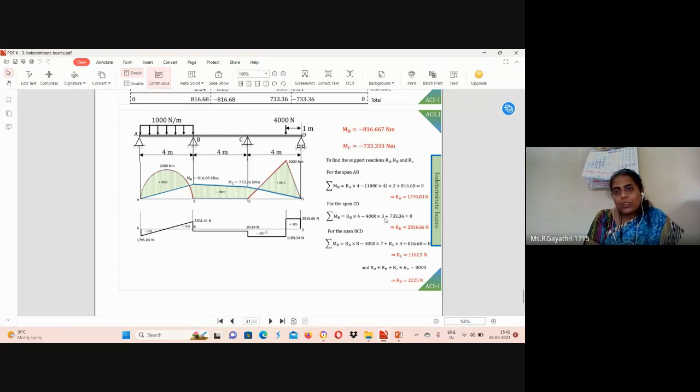Okay. Over span CD, we can see reaction forces RD, RC, external force 4000. Our aim is to find reaction forces at every support. So we can proceed from the last span CD, especially from RD.